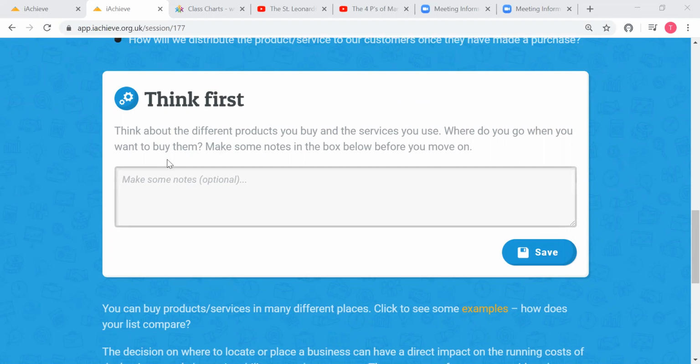Where do you go when you want to buy them? Feel free to make some notes in the box below. All of these notes are saved to your iAchieve application. So if you want to pull that up and make some notes in the box on page 7, session 2, please do so, and then save them. I'll give you a couple of minutes and I'll put on a musical interlude while you do this, if I can figure it out.